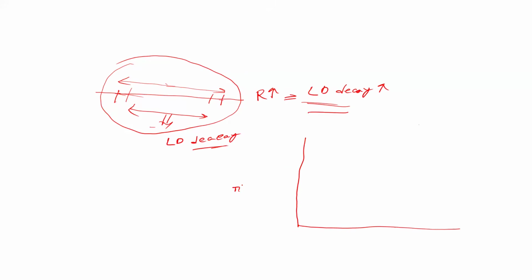This is the r square value axis: 0, 0.2, 0.4, 0.6, 0.8, and 1, maximum is 1. Here, how the LD block degrades by LD decay, how it is going on, can be visualized by using this plot.